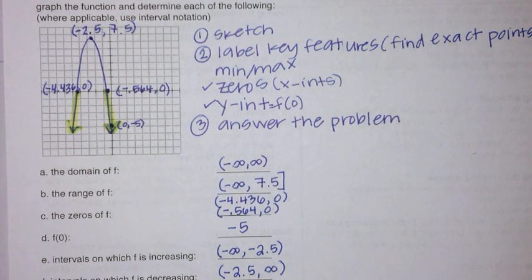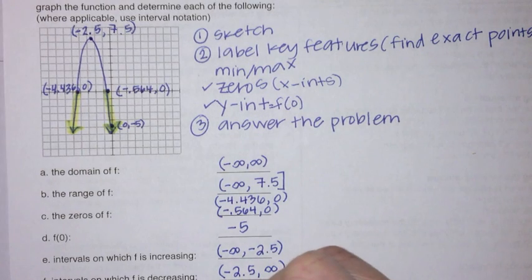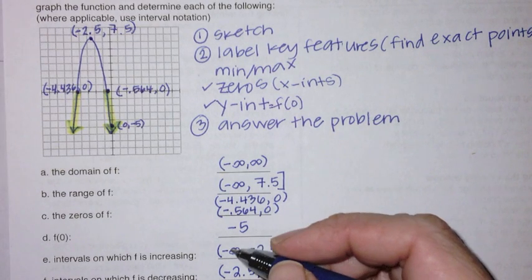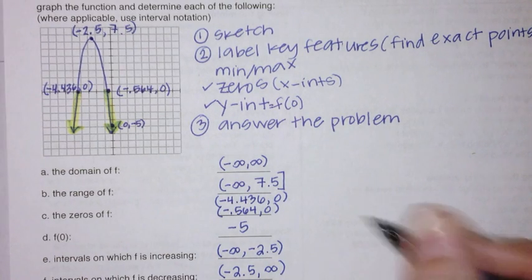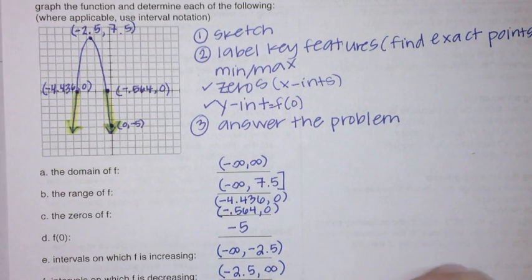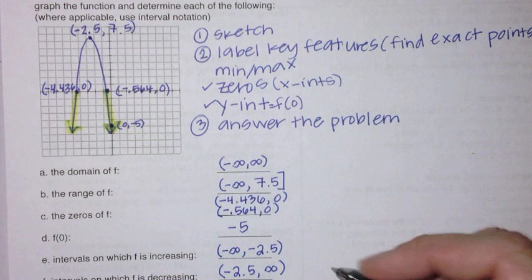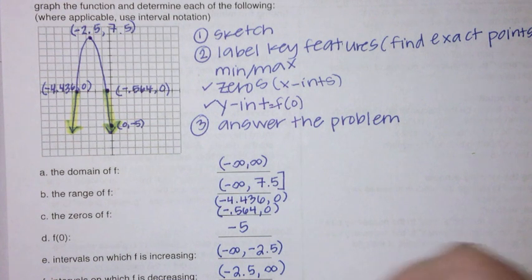So less than or equal to 0 is going to be from negative infinity to negative 4.436, which is right where that 0 is. And because it has an equal to, that's why I have a bracket. And then it's going to be from negative 0.564, comma, infinity.